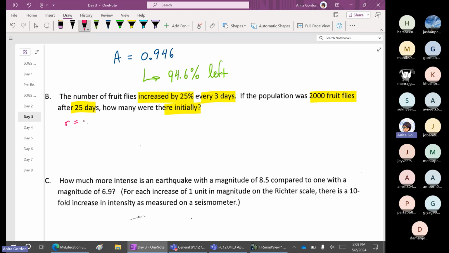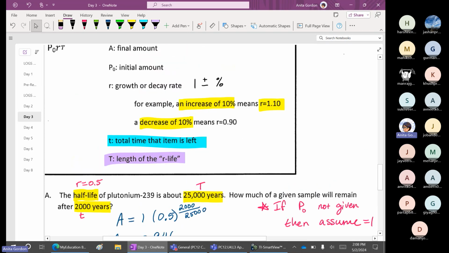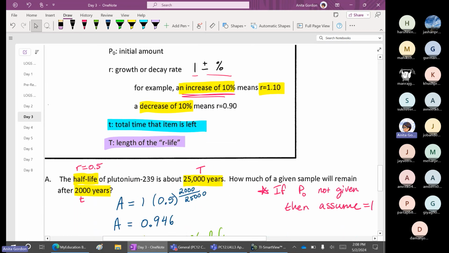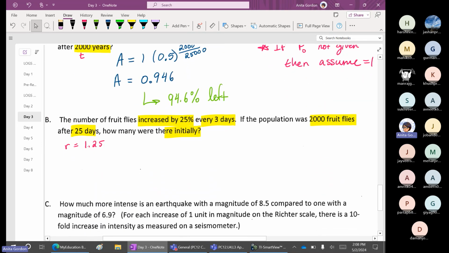How would I write it in my equation as a decimal? 1.25, because I am increasing by 25%, right? When we increase, it is 1 plus the number. Half-life was 1 minus 50%. If I'm increasing, then it's 1 plus 25%. So R is 1.25. What else do I know?